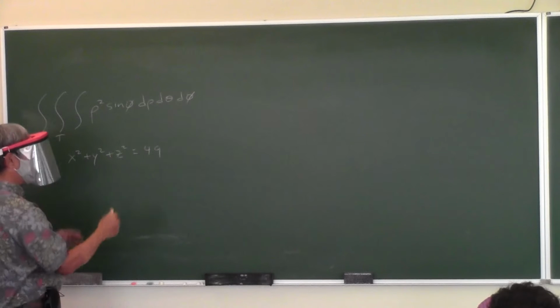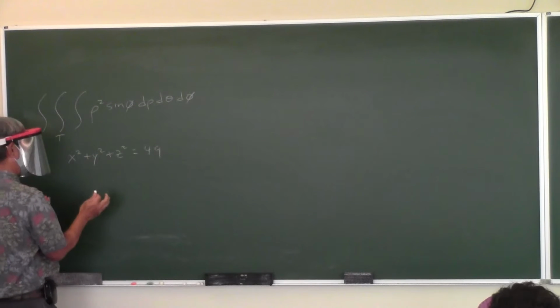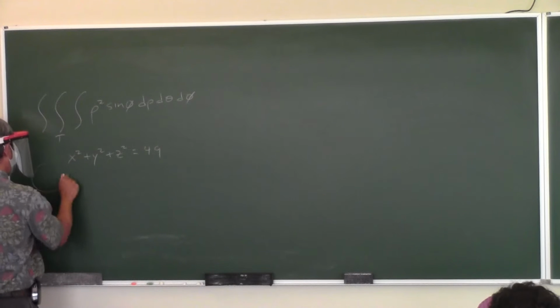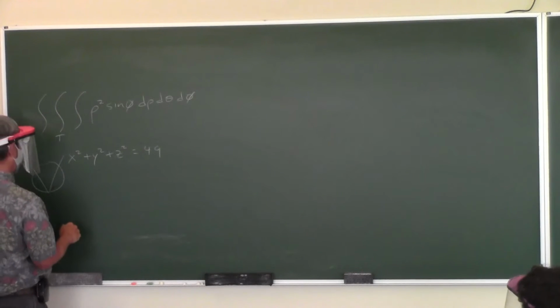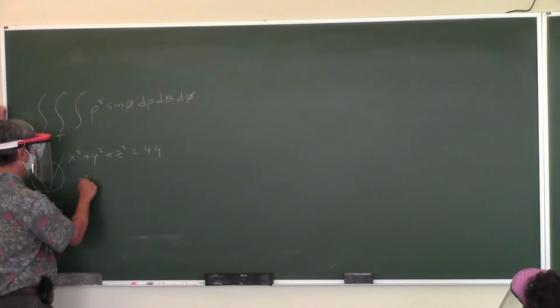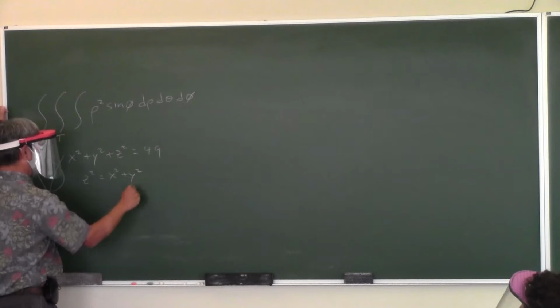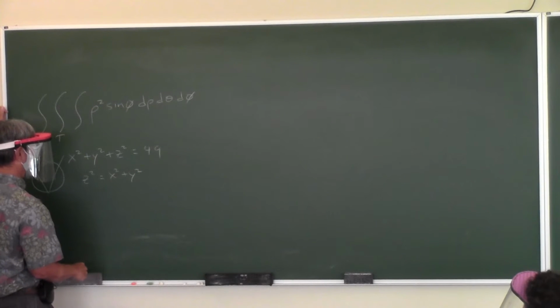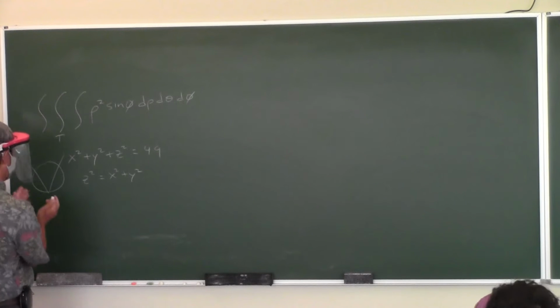Now give me an equation of a quadric cone. It's kind of like this, and then the cone is like that: z squared equals x squared plus y squared. Okay, stop there.